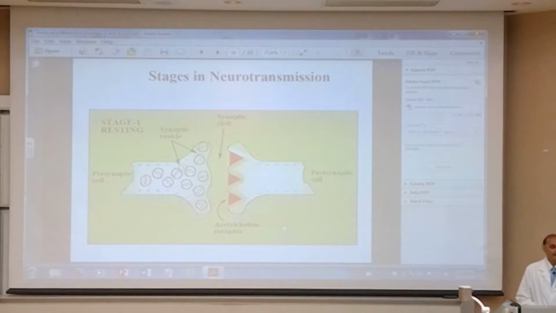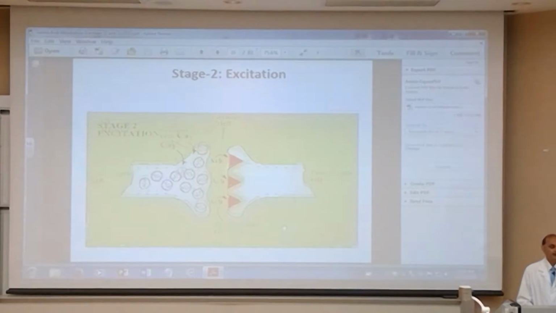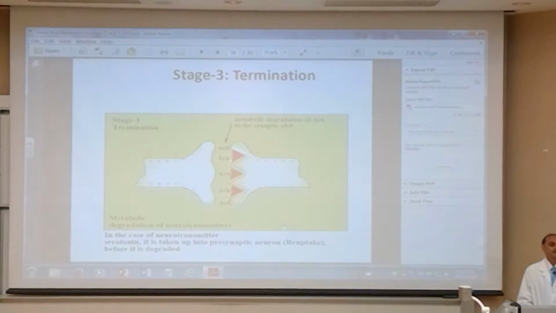It's basically stored in synaptic vesicles, and due to some sort of a stimulus, like for example the influx of calcium, the acetylcholine vesicle will fuse to the presynaptic neuron membrane, and it will release the acetylcholine, which would bind to the receptors that are located in the postsynaptic neuron, right? And then the termination is basically degrading the acetylcholine, right?